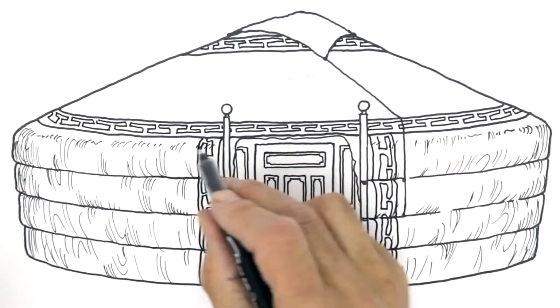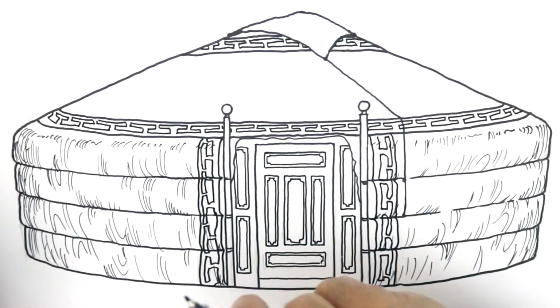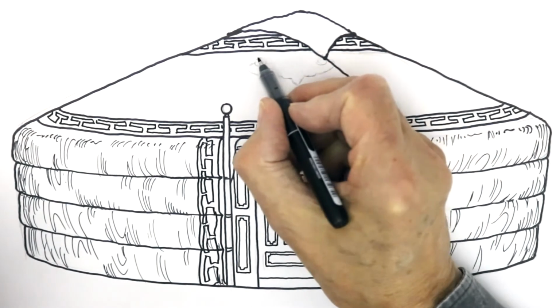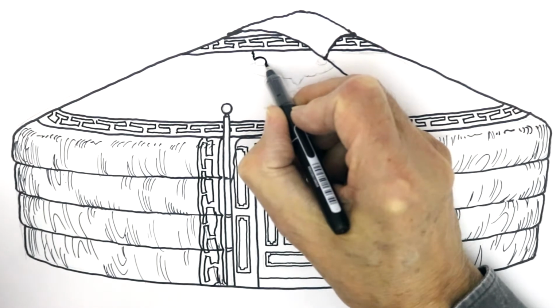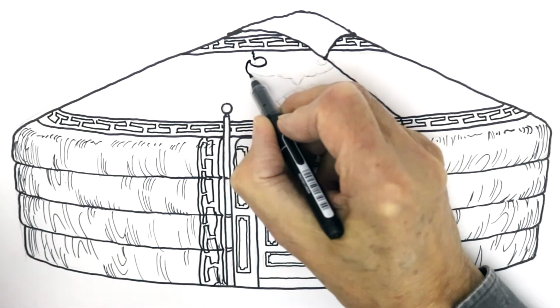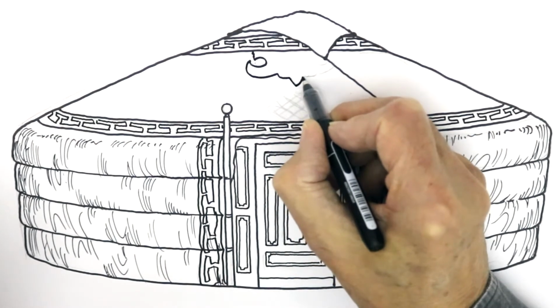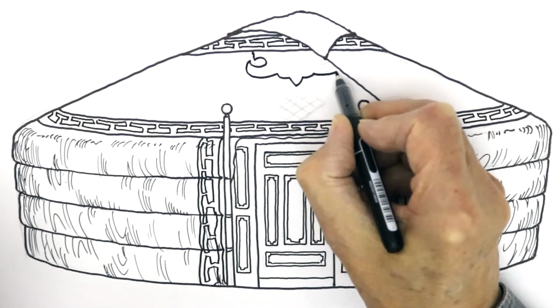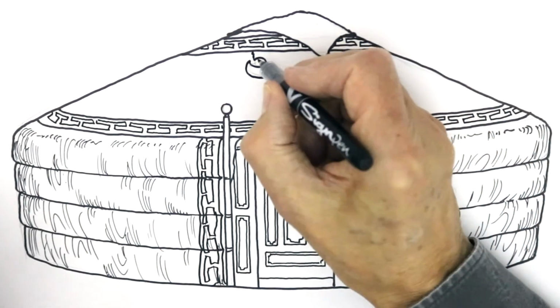Okay, I've done that pattern on these stripes down the side and also there. And I'll finish off the pattern now by drawing this big shape up here. Like that, and that is usually doubled up.